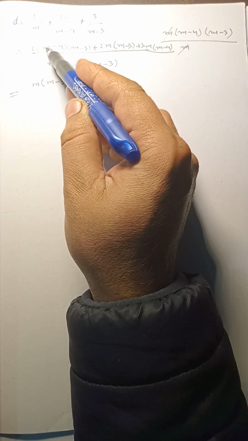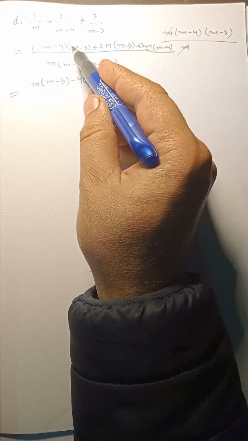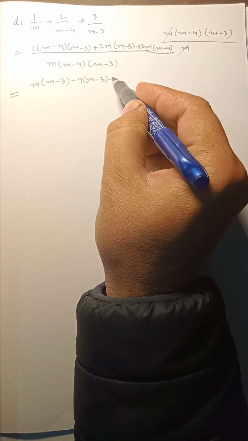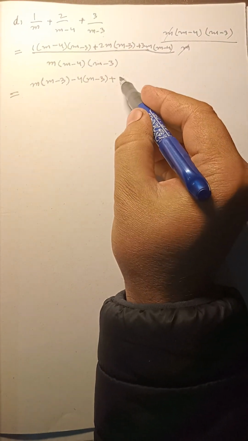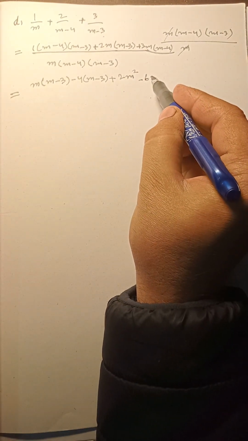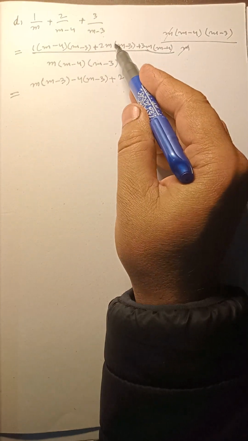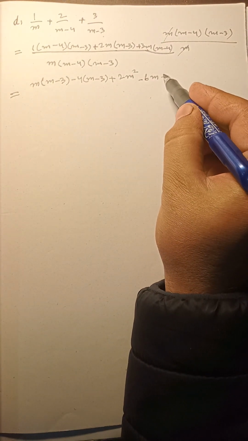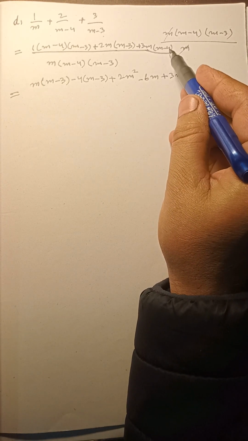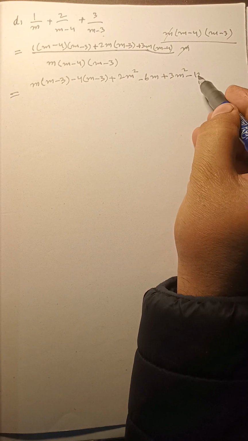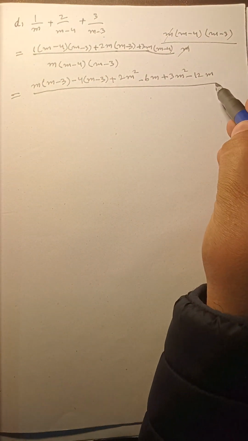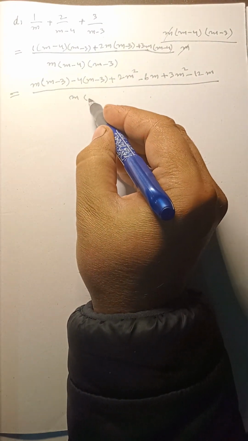You will make this term in parts, and this term will be written same, m minus 3 and m minus 3 here again, and plus 2m when multiplied by m, it will become 2m square, and minus 3 when multiplied by 2, it will become 6m. 2 3 are 6 and m will be here, plus 3m square, and 3 4 are 12m there, and in the denominator you will write the same LCM.